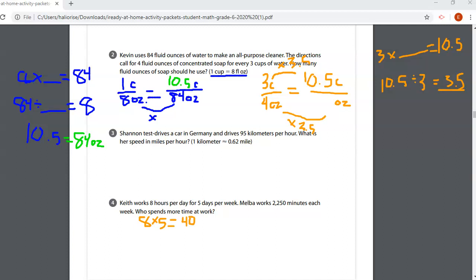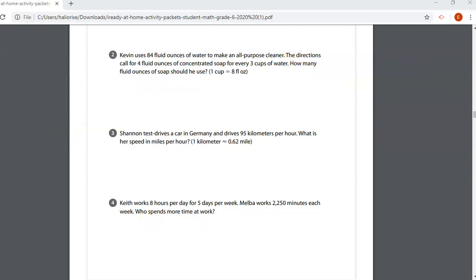Okay, so then you need to convert 40 hours to minutes. So you would create a conversion factor again, and I believe that you know how to do all of this. You also have to do the next page.